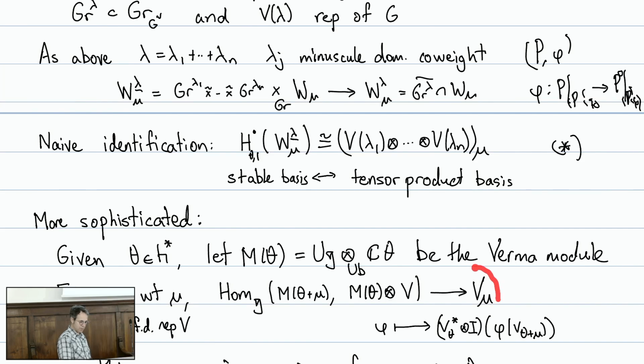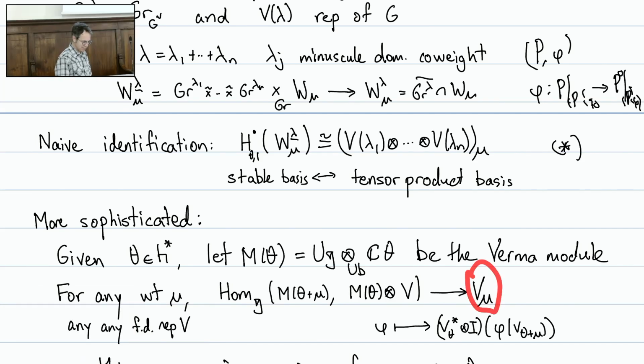We're interested in the mu weight space of the representation V. And so there's a weird trick. We're going to replace this weight space by the following strange thing. You take V and you tensor it with a Verma. And then you look at Hom from a different Verma, now shifted by mu, into that tensor product.